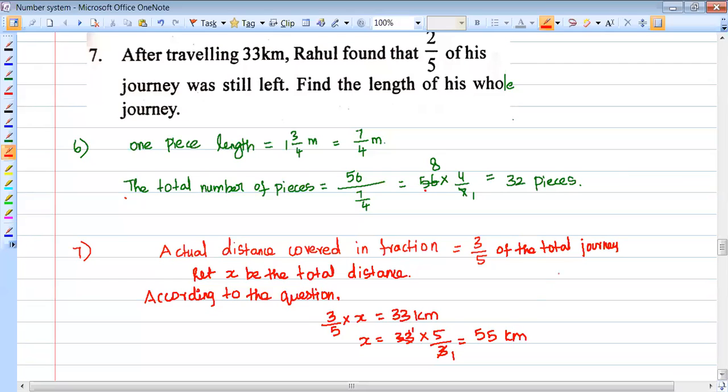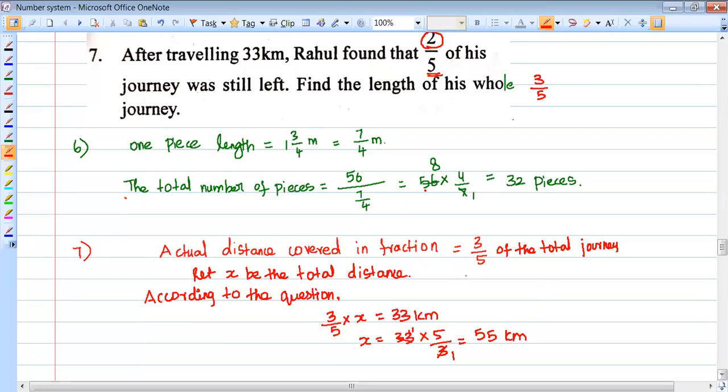Actually, 2 by 5 is the journey still left. That means he has to cover the remaining 2 by 5 of the journey. What about the actual distance he covered? 3 by 5. How did we get 3 by 5? Because 2 by 5 of the fraction is still remaining, the meaning is that 3 by 5 of the distance is completed.